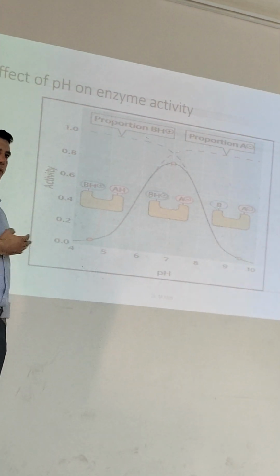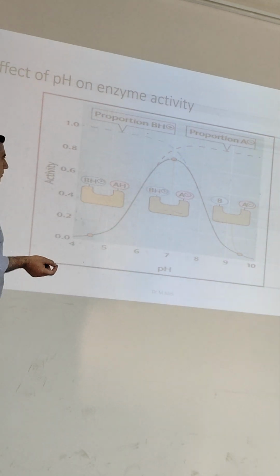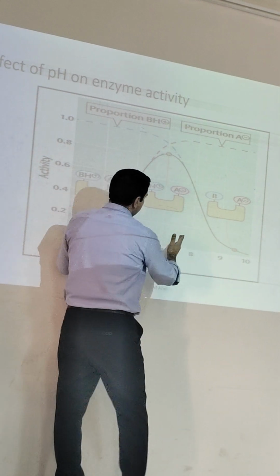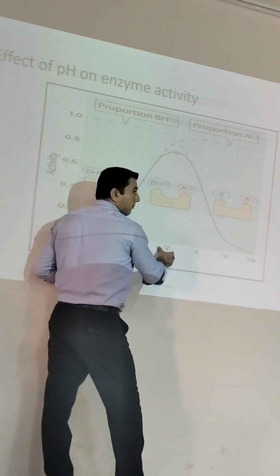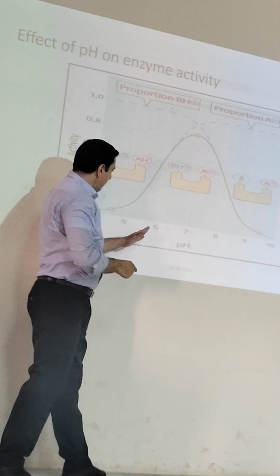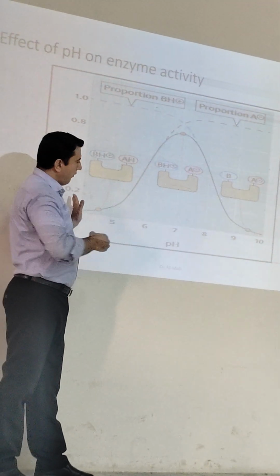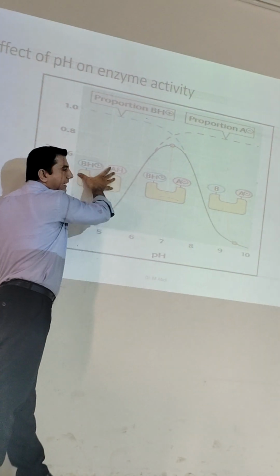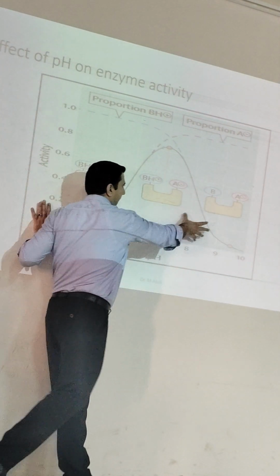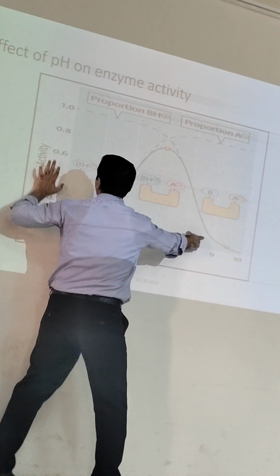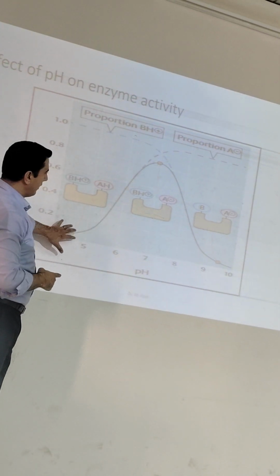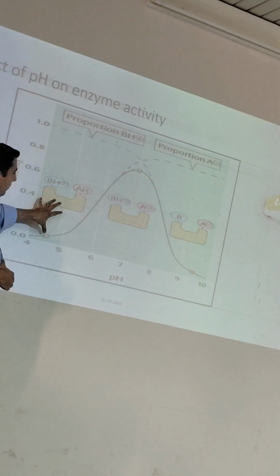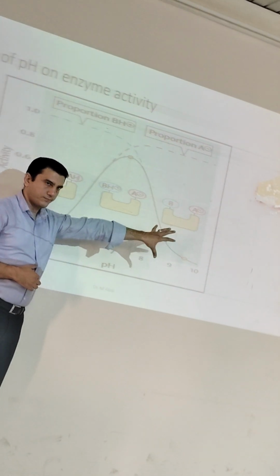As you can see here, all enzymes work and are active only in a specific pH. Far from that pH, the enzyme will deactivate. You have no activity for an enzyme located in a non-specific pH.